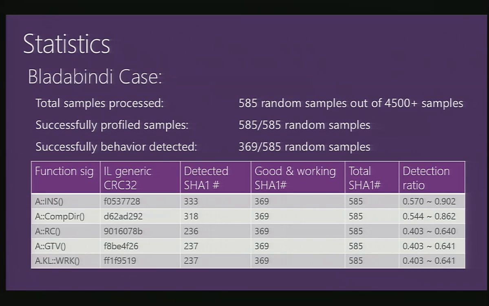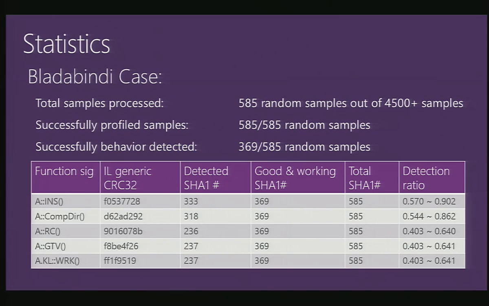With all these 585 samples, I found that all of them were successfully profiled, but only 369 of them behaved successfully inside the virtual machine, since I didn't do things like avoiding anti-VM and some other stuff, which I will talk about later. So here is the successful behavior.